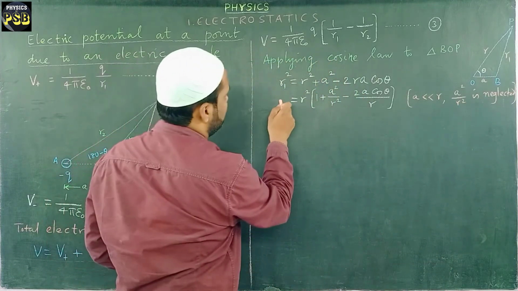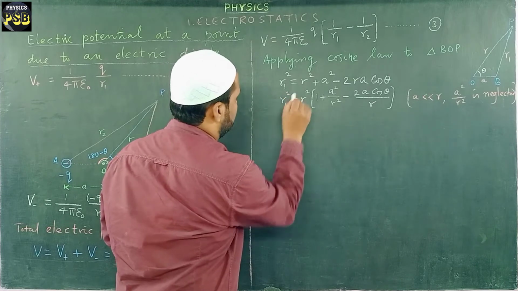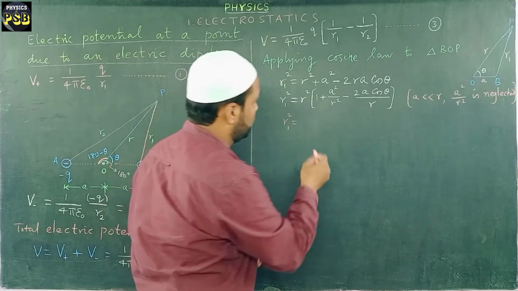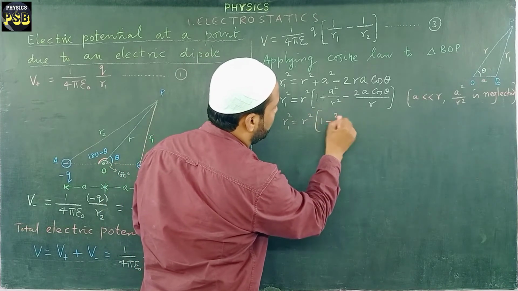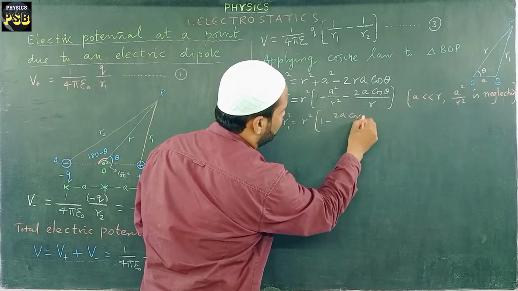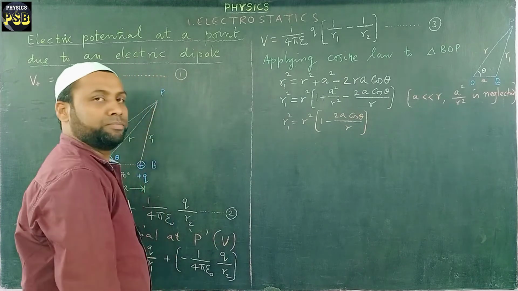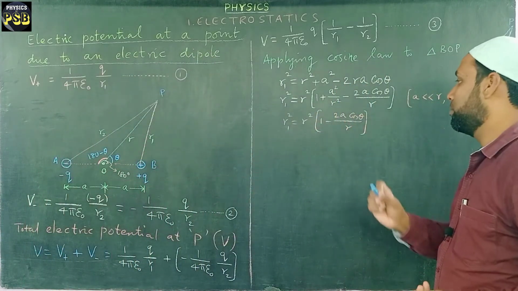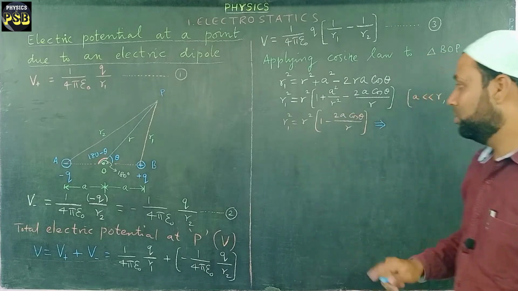Then this expression will appear like this: R1 square is equal to r square into 1 minus 2a cos theta upon r. Now I take the square root on both sides.